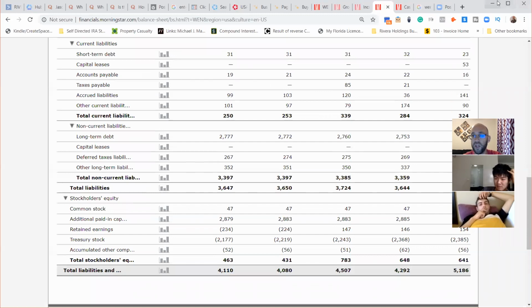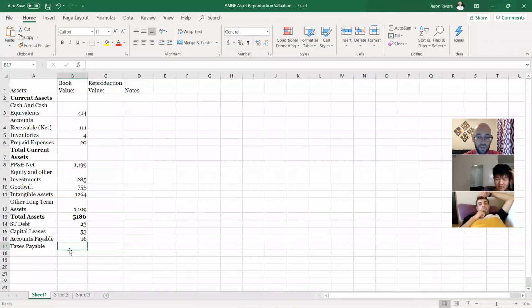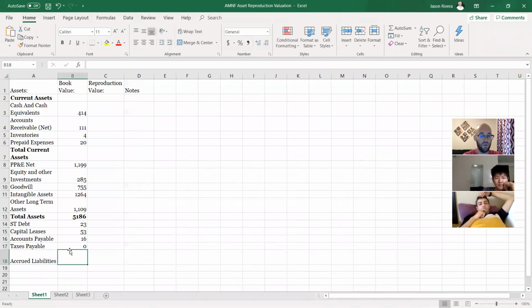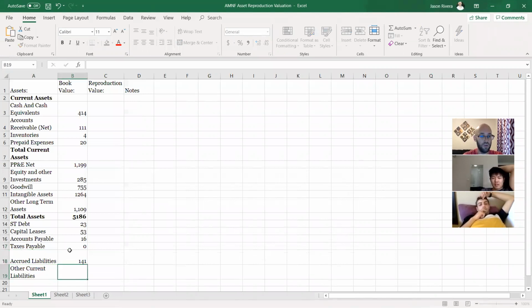Yeah, it says 0 on my end. And then it's accrued liability, which is 141. And then other current liability, which is 90.